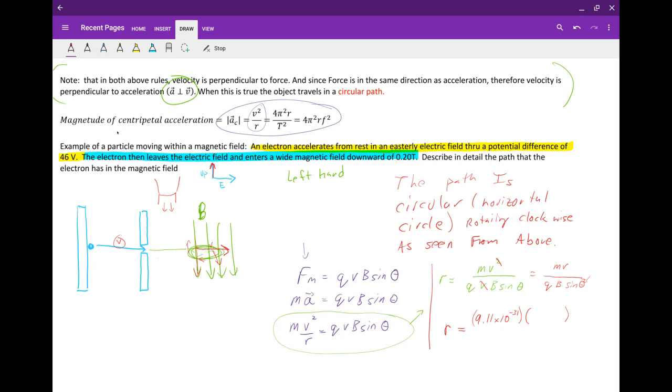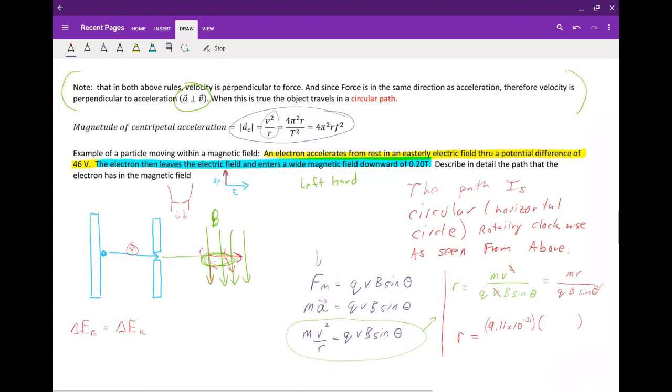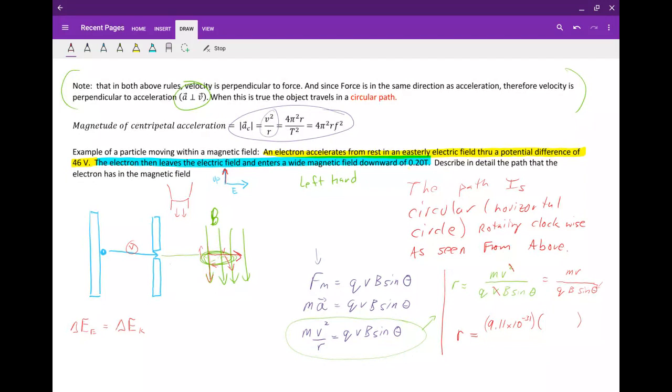Oh, interesting. And so since it was accelerated from rest, the loss of electric potential energy should be equal to the gain of kinetic energy. So I'm just going to set those equal to each other, although there should be a negative sign there, but that's okay, because I'm just going to use this as a straight up velocity.